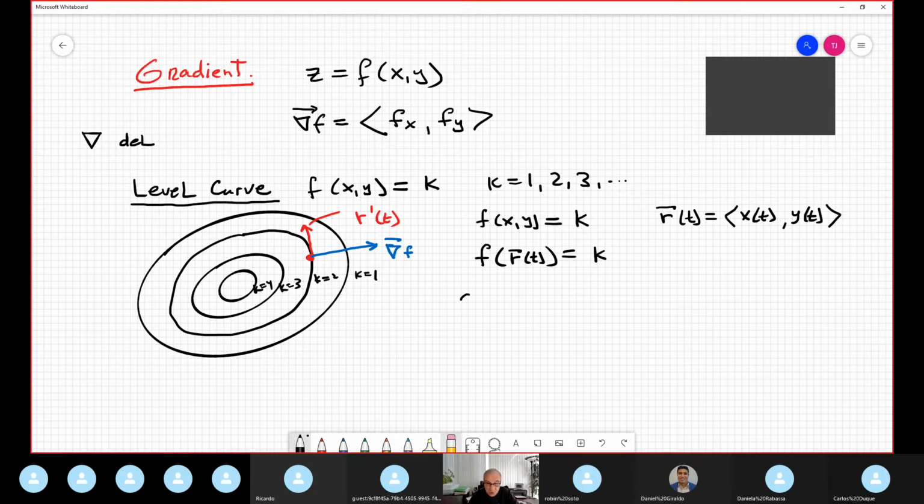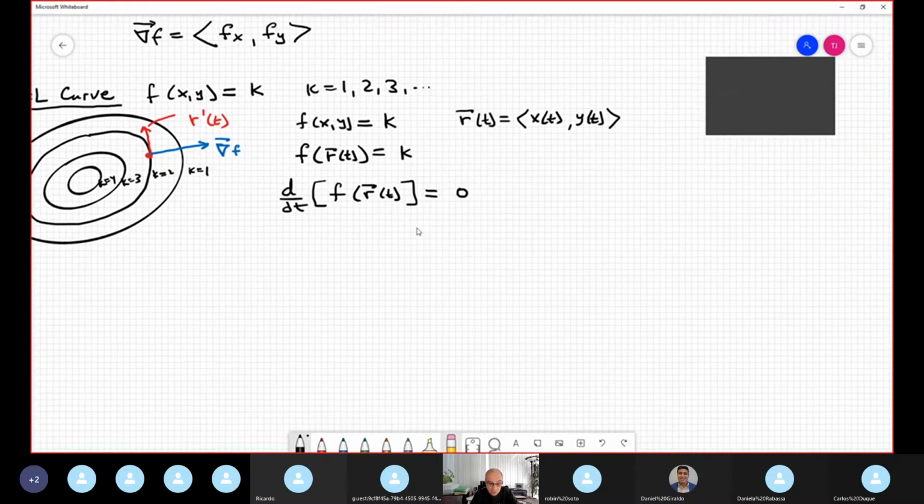If you differentiate both sides with respect to t, it is obvious that the derivative of a constant is 0. And you apply the chain rule, because f depends on x and y, and x depends on t, and y depends on t.